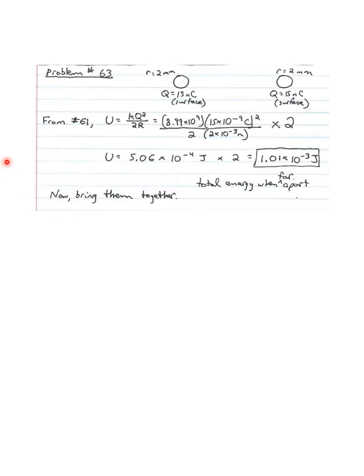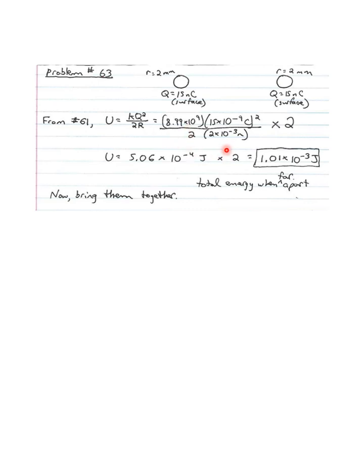From problem number 61, the previous problem, we found that the total energy of the electric field coming from a sphere is kq squared over 2r. Well, we know k, we know q in this problem, 15 nanocoulombs squared. That's for one drop.